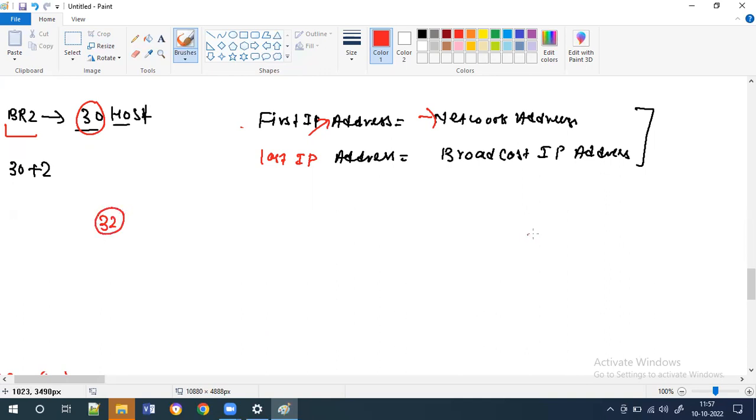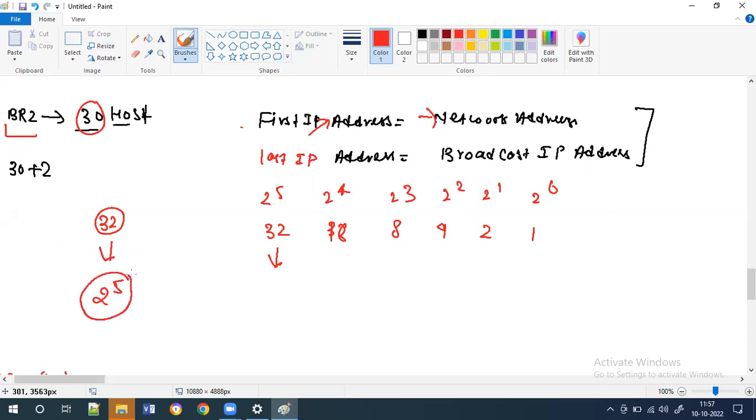Now, if you come to the table: 1, 2, 4, 8, 16, 32. So this is 2 to the power 5, 4, 3, 2, 1, 0. If I write this in binary format, it is 2 to the power 5, and this 5 represents the number of bits in the host.